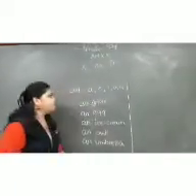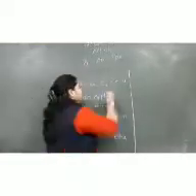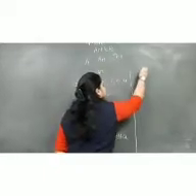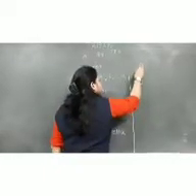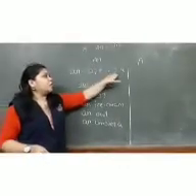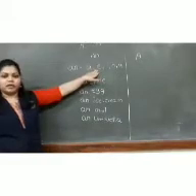Now let's see where we use a. As I have mentioned here, there are 5 vowels: a, e, i, o, u. These are the 5 vowels in the alphabet.